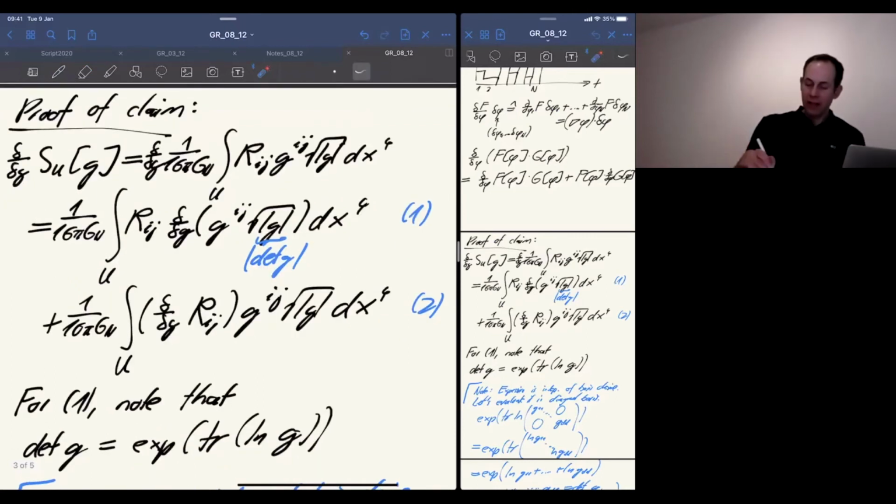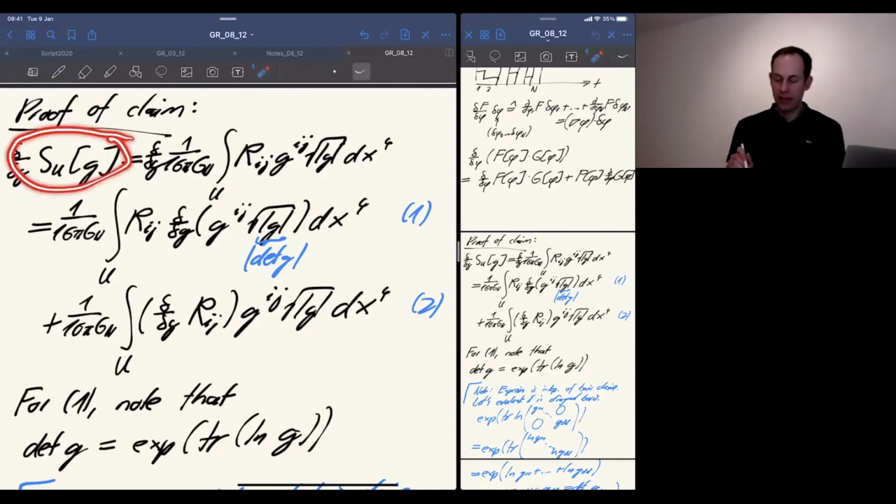The question is, obviously here I started with something where the variation is outside of the integral. What I did use to get from this line to the next line is not only the product rule, but I also used essentially the fact that we can usually exchange derivatives and integrals.